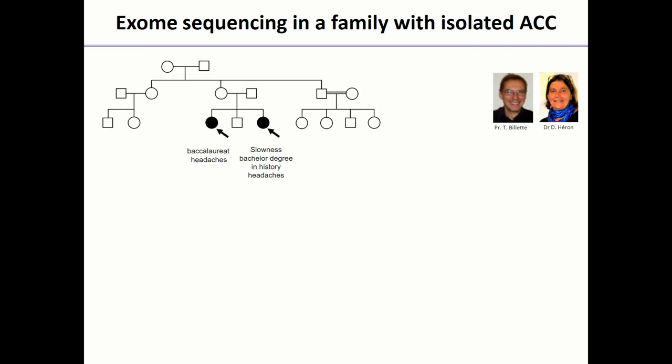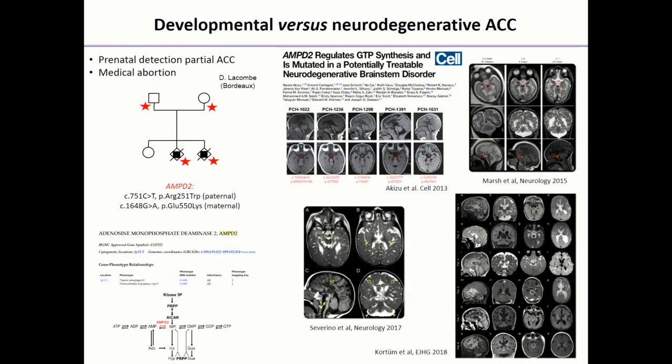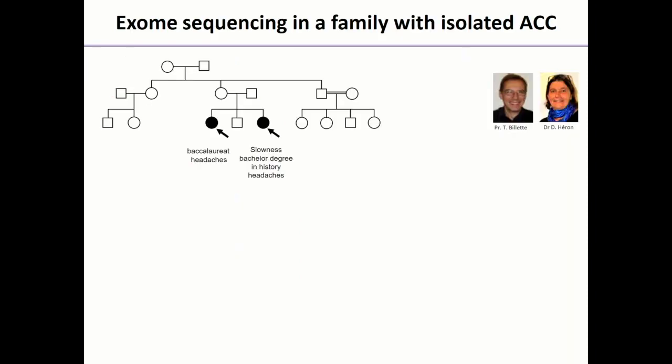So what I wanted to say on this slide is that sometimes it's difficult to make the difference between disruption of a developmental step and a very early neurodegenerative disorder. Then I will also tell you the story of this family.